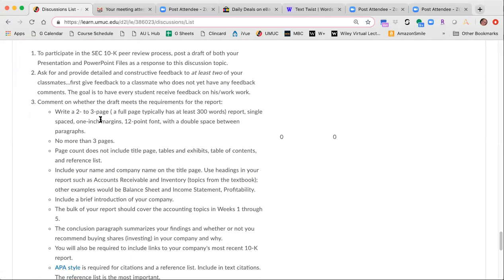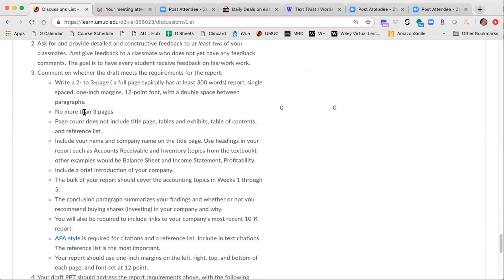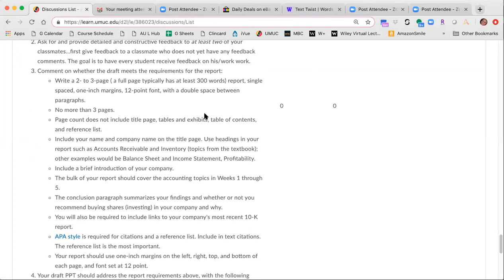So 2 to 3 pages: single space, 1-inch margins, double space between paragraphs, no more than 3 pages. If you're going to add some tables and exhibits, please do them like attachments at the very end.